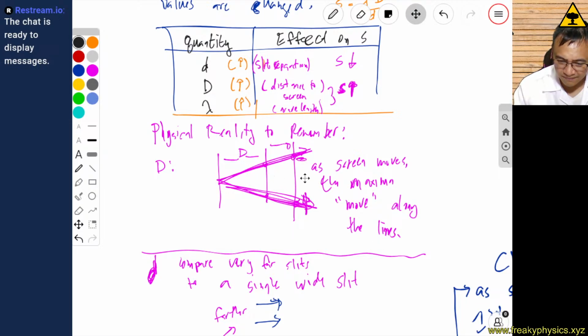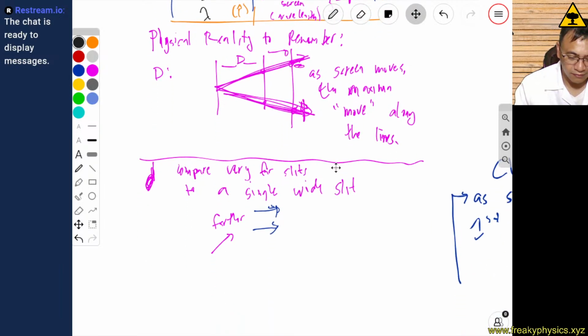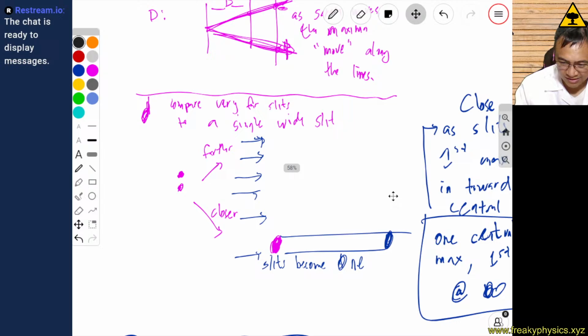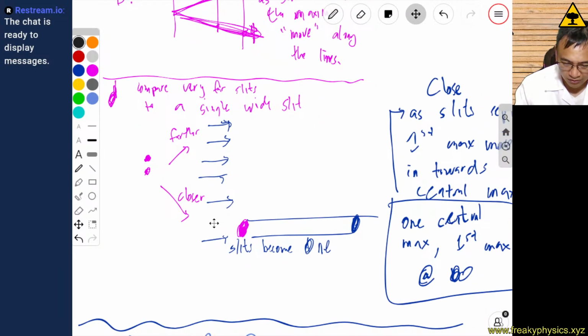Again, this is the reason why. When you move the screen, the point of intersection between these diagonal lines, where you would expect the path difference to be, would vary depending on where you put the screen. Now big D changes. The easiest way to remember that is when your slits come together and become one, you just have one central maximum and your first max is at infinity.